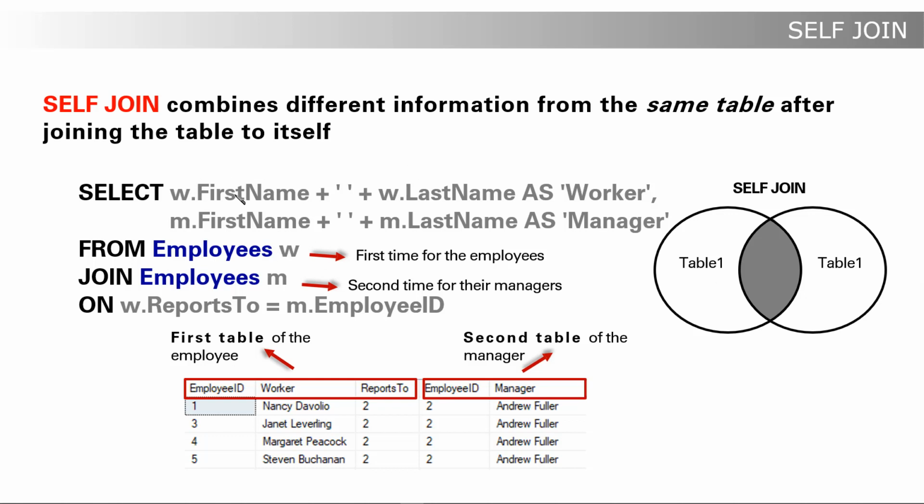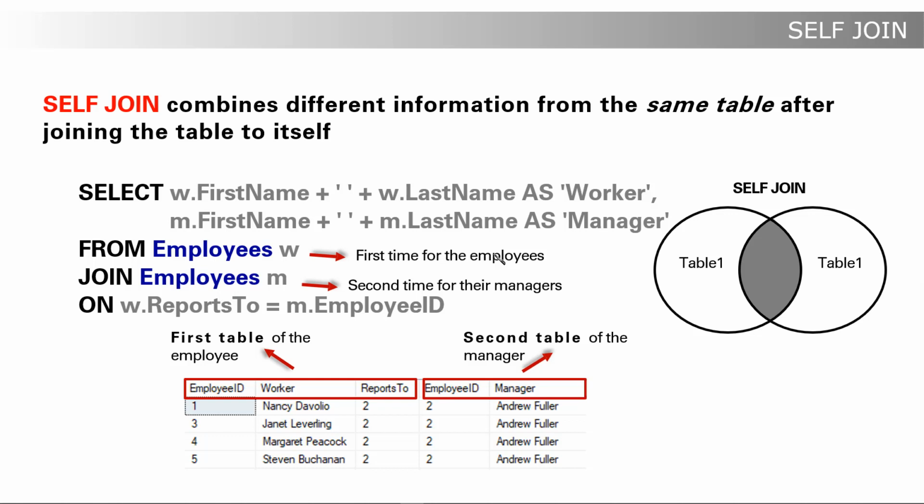So here we have an example. We want on the first column the worker, and on the second column we want the name of the manager of this worker. In the table of the employees, we have the employee ID, the worker, and also we have the ID of the manager of the employee.